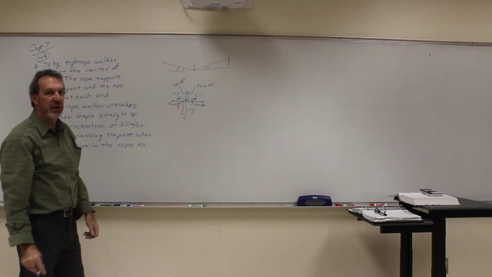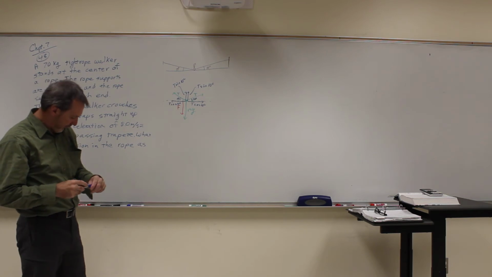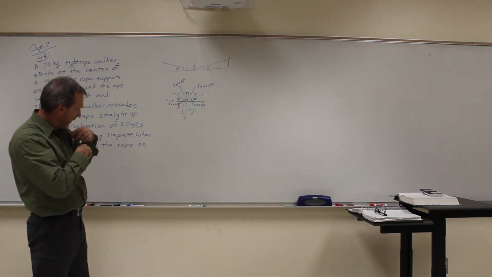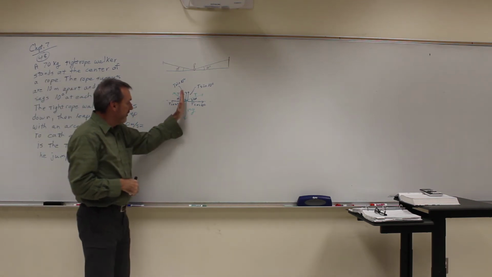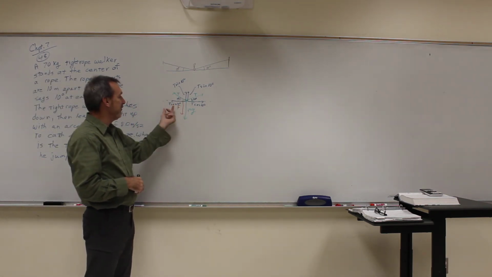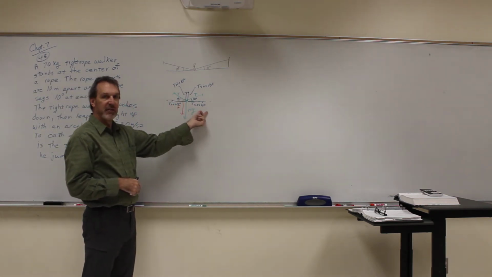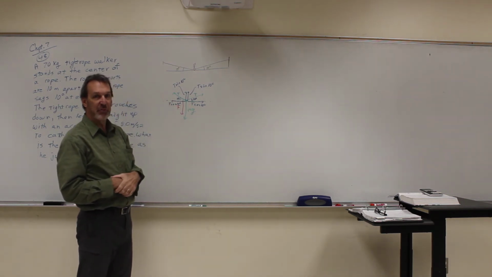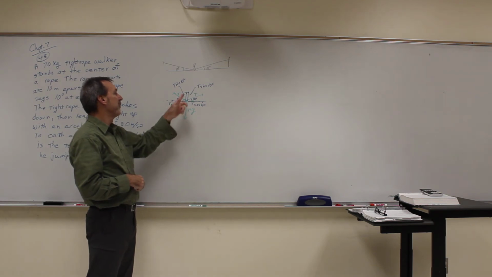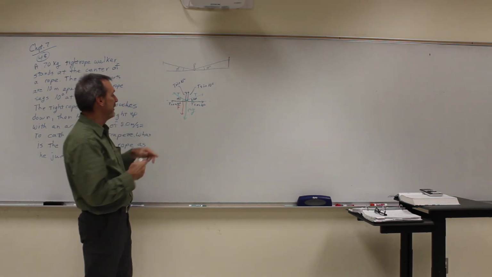So I just split the tension forces into their components. Notice that in the x direction, we just have T cosine 10 equals T cosine 10, which is true. It doesn't tell us anything though. We can't solve that. So we have to do it in the y direction. The y direction is what matters here.